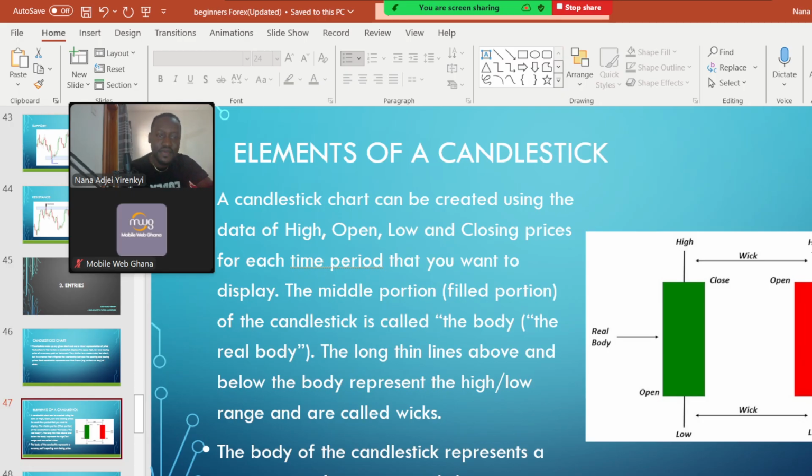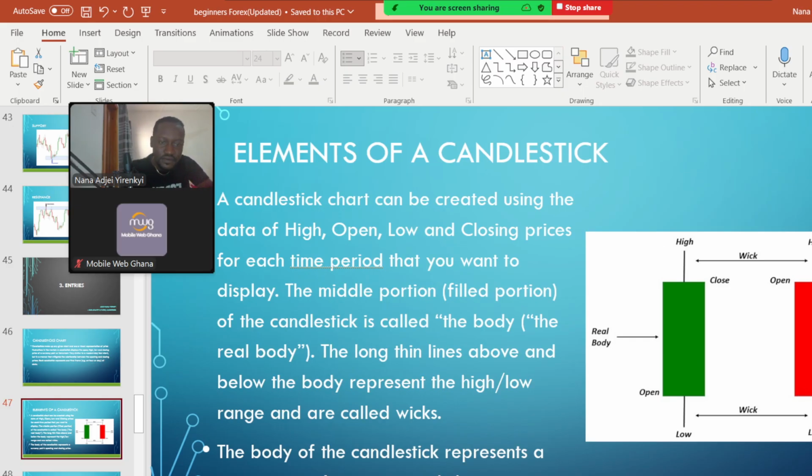And then if the bears are stronger than the bulls, or the buyers, the sellers are actually stronger than the buyers, you are going to see that price will start retracing all the way down, leaving a trace which we call the high wick or the wick of the candle, and then it pushes all the way to the lowest point where it wants to trade, and then maybe the bulls will push price back a little bit to the upside, and then leave another lower wick, and then price closes at that area.